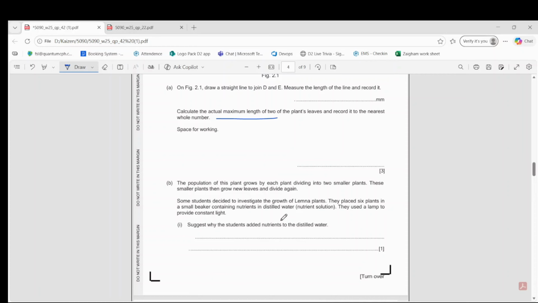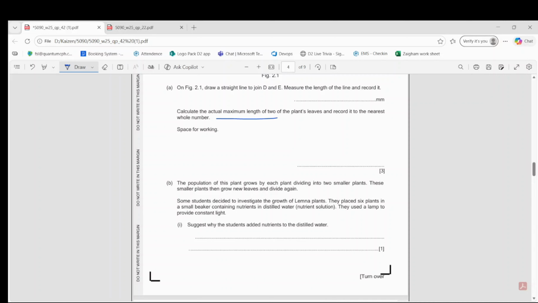The population of this plant grows by each plant dividing into smaller plants. These smaller plants then grow new leaves and divide again. Some students decided to investigate the growth of lamina plants. They place 6 plants in a small beaker containing nutrients in distilled water. Now, why have we used distilled water? Why are we not using tap water?